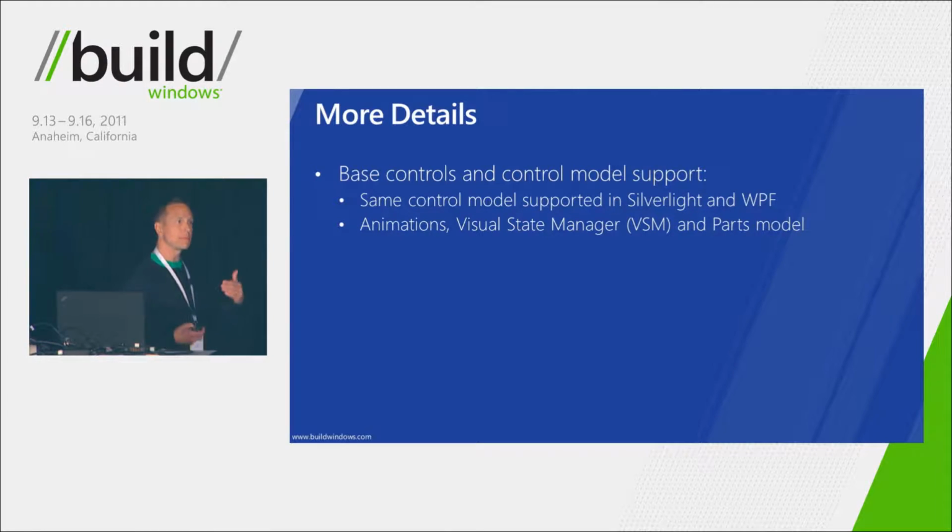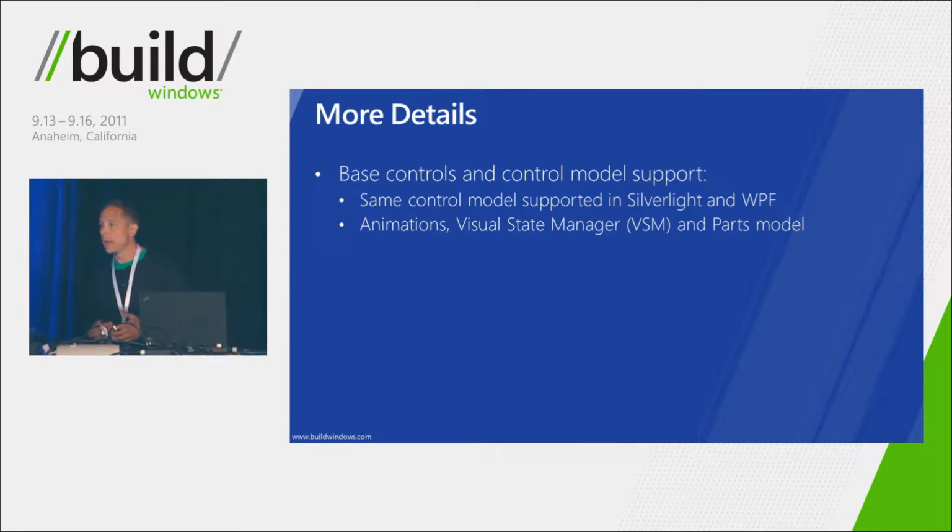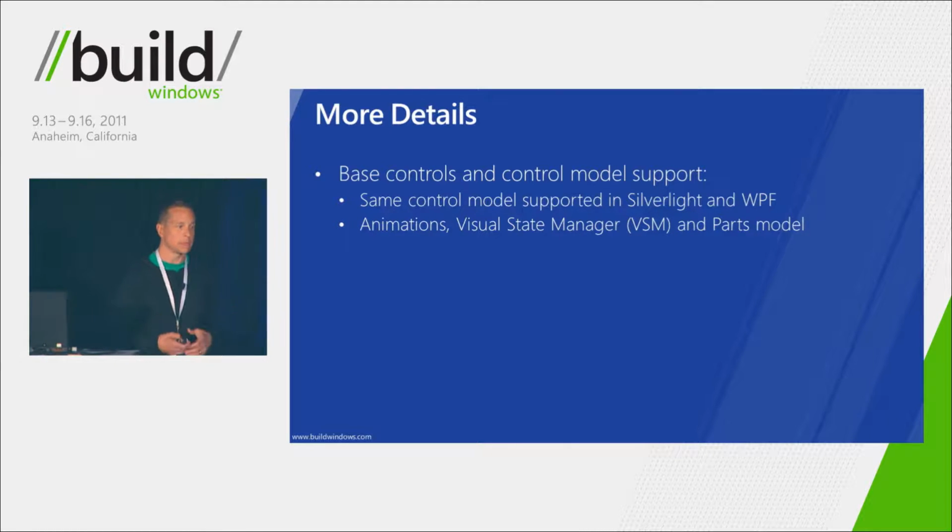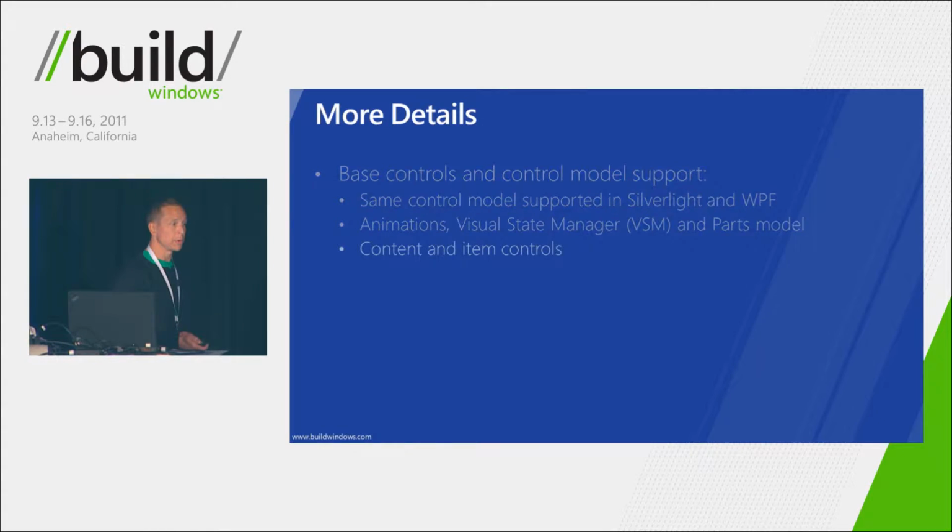I think the problems that most people will have when they're moving assets or their skill sets from one to the other won't be in taking their control assets and moving them forward. It's because we have the same in Windows 8. It's the same control model, the same basic controls, the same tags, same properties. VSM still exists. The animation stuff still exists. It's still pretty much exactly what you're used to if you're a Silverlight or Phone or WPF developer.